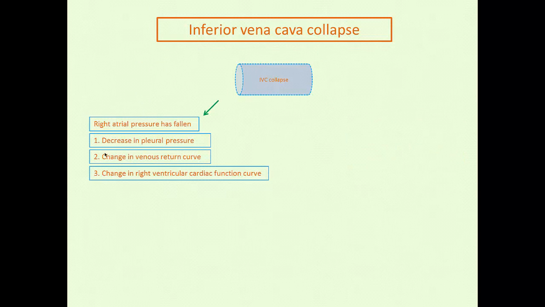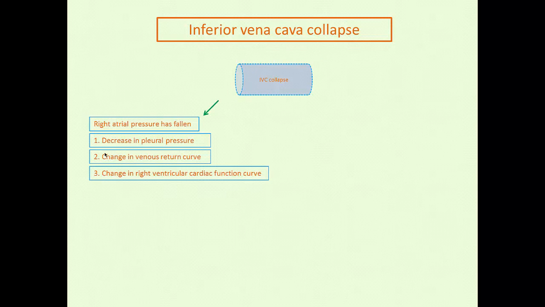As you may have seen in Chapter 3 and Chapter 4, as you inspire, the slope and the shape of the venous return curves will change. And also as you inspire, the right ventricular cardiac function curve changes, because it's really the triangulation of all three of these effects that's determining where your end inspiratory right atrial pressure is.